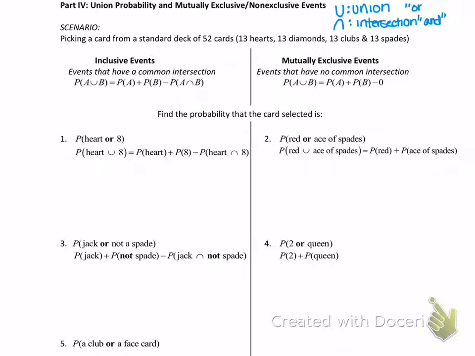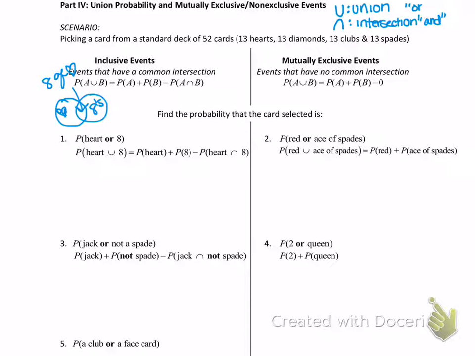For example, we have the probability of a heart or an 8. If we drew a Venn diagram, we can have all the hearts on one side and the 8s on the other. And right here, this intersection point is going to be the 8 of hearts. So you can have a card that is both an 8 and a heart. We need to subtract it so that we don't double count it.